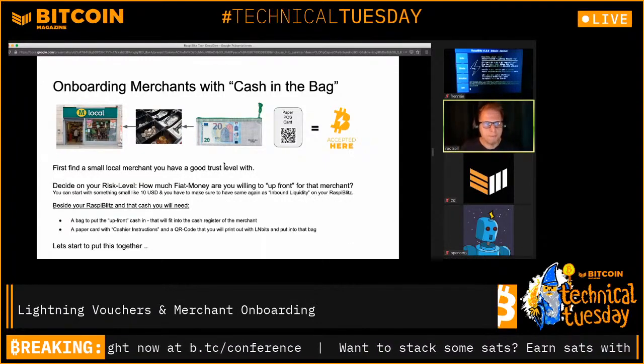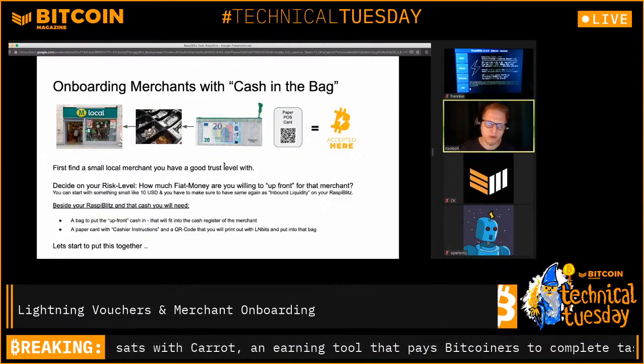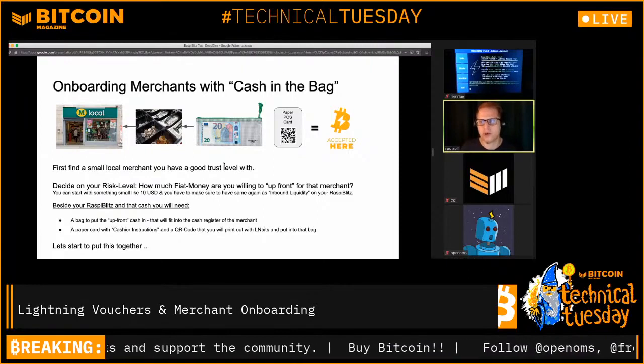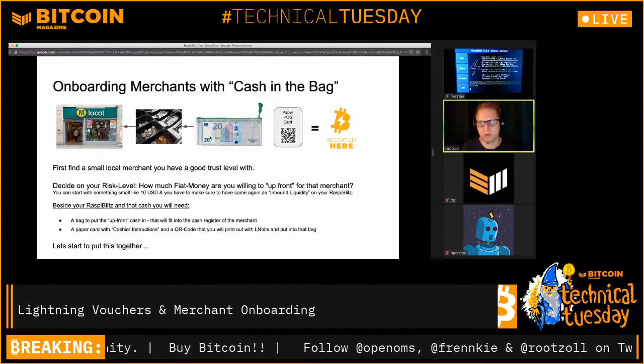So the first way to start is to find a small merchant in your area, maybe not a big chain, maybe some really small mom and pop shop that you have a good connection to, and you have a good feeling, and maybe you know the person a little bit, or you're a regular customer at least, so that you have some trust level there, because we have to decide on your risk level. What you do is you give upfront fiat cash. You will have a bag, you put some cash in there, and you will give it to this merchant in the beginning.